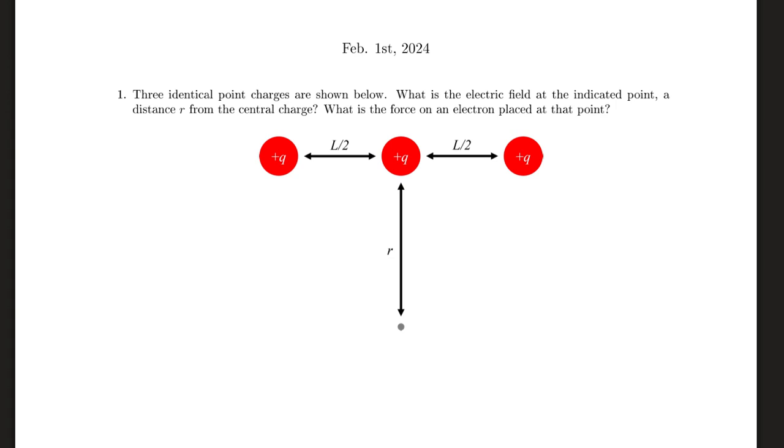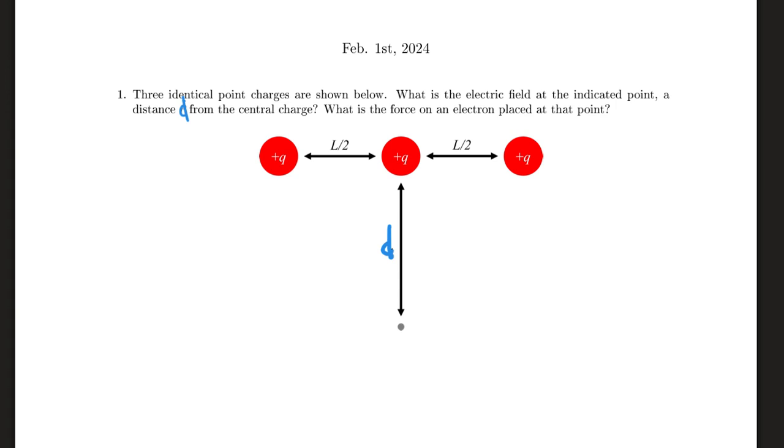Just for convenience, I'm going to call this distance d, because I'm going to use r a lot in writing out the answer. So let's say it's a distance d away. Let me also correct it in the problem statement. You can still use R, but I think it's a little bit cleaner to use D.